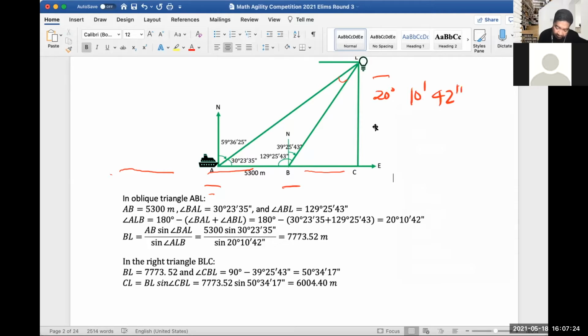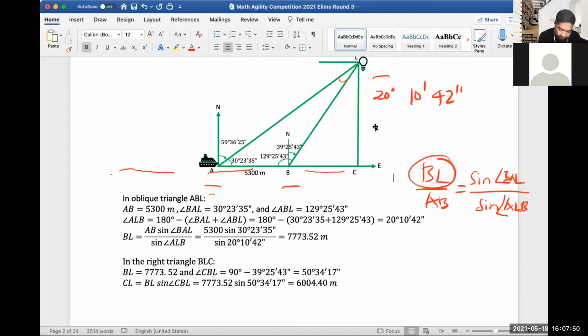And so BL, the length from B to L, we can compute by the sine law. So BL over AB equals sine BAL over sine ALB. So we can solve BL.